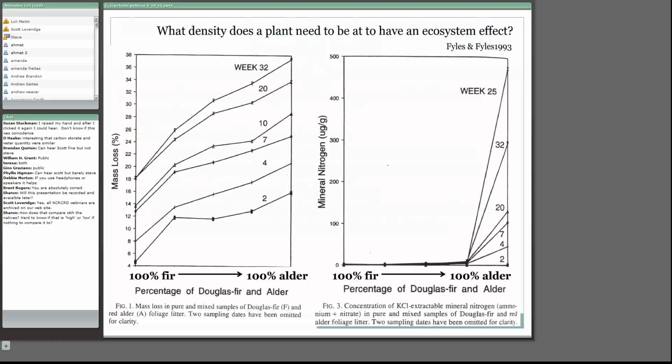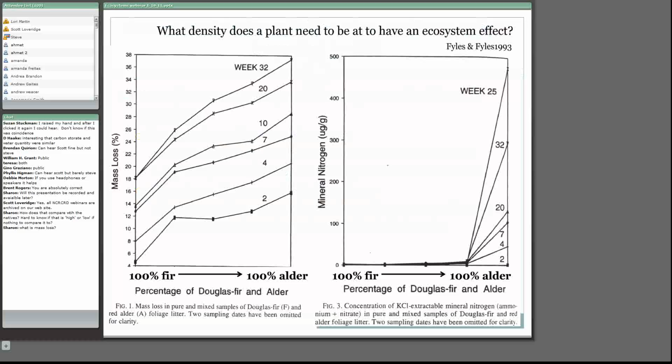But if we go from mineral nitrogen, in fir, 100% fir, the situation is different than 100% alder. So these are based on 100%, but how does that change if we look at less than 100%?